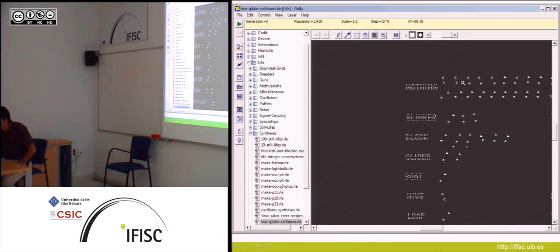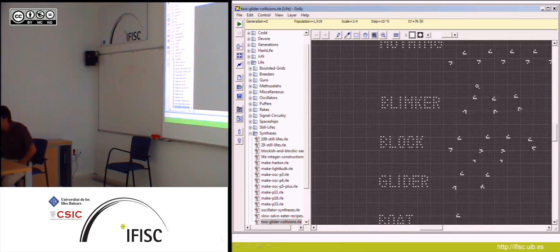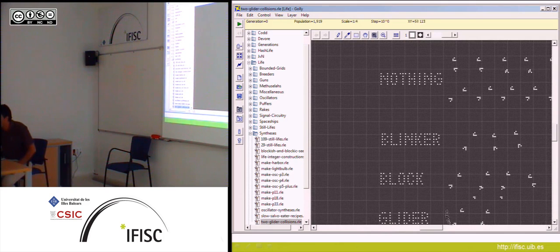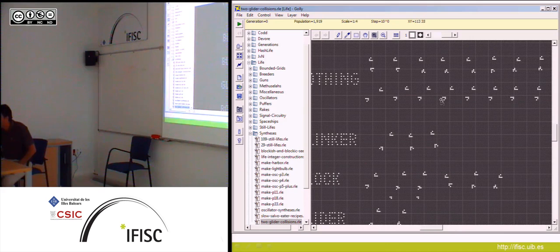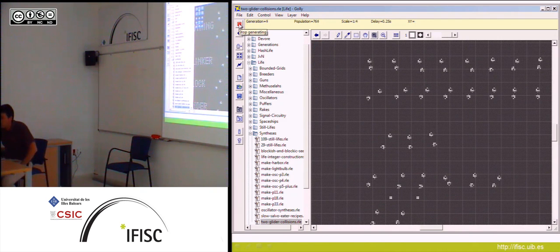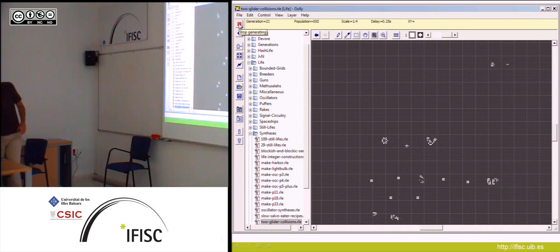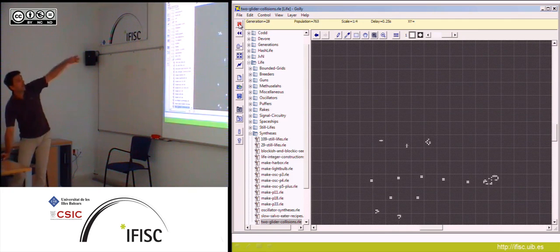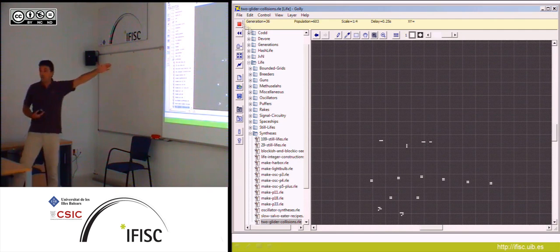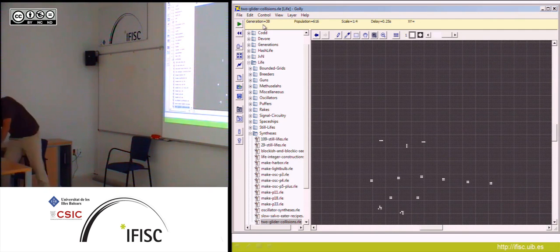I'll zoom in. Some of these ones, for instance, will give nothing, this will give green or dark green. I'll make it slower so you can see. Those collide and give nothing, those will give something else, things like that.